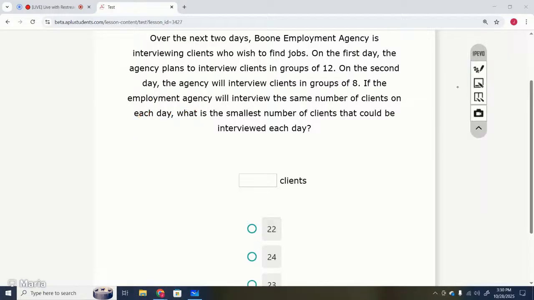So the correct option is 24. Option number 2 is the correct option.